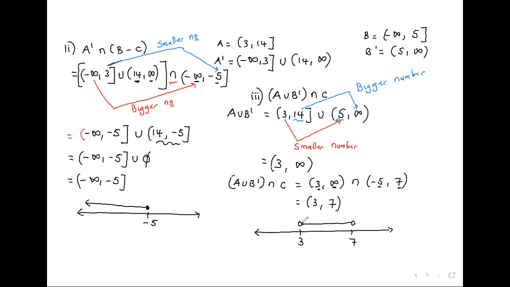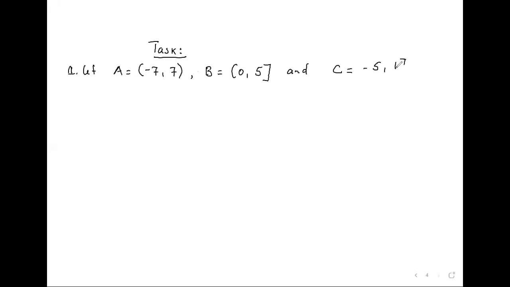So agreeing that we try this method and just get to the number line to display. I give you a follow-up task. Let A run from negative 7 to positive 7. B run from 0 to positive 5. And C run from negative 5 to positive 1.